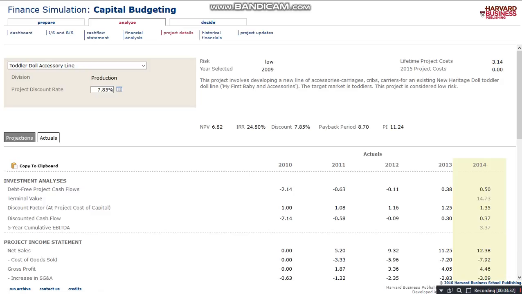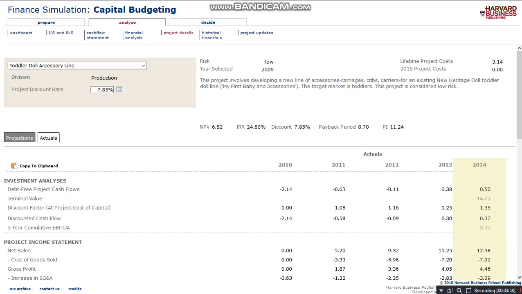So for the projects, I would look at NPV, IRR, payback period, and PI: net present value, internal rate of return, payback period, and the profitability index.